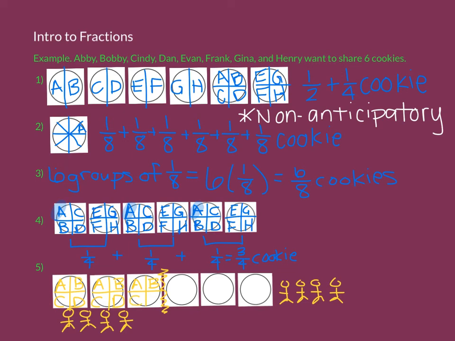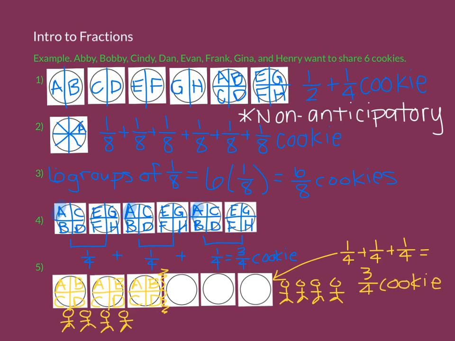And then just like strategy number 4, they're going to get the same answer. They're going to see it either as 1/4 plus 1/4 plus 1/4, or, especially if it's that high-achieving student, they're going to just write the answer as 3/4 of a cookie. So again, they may say 1/4 plus 1/4 plus 1/4, but they may also just say 3/4 of a cookie.